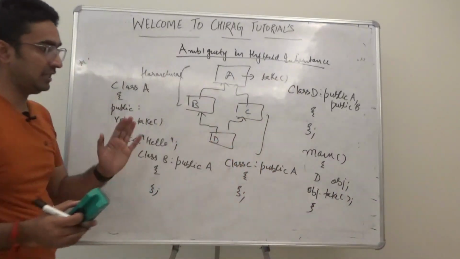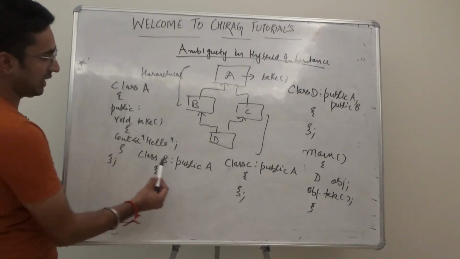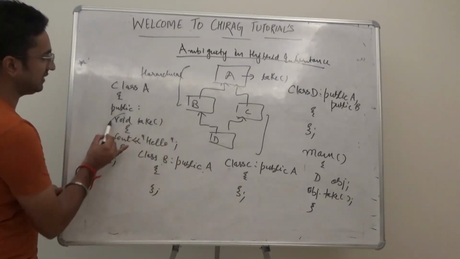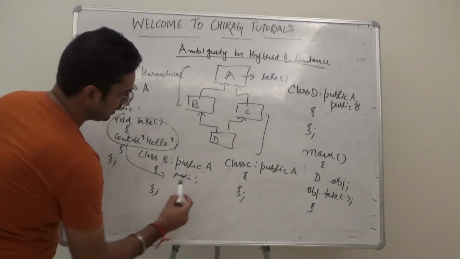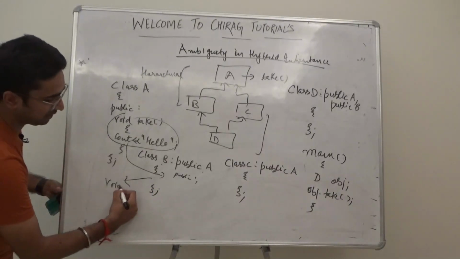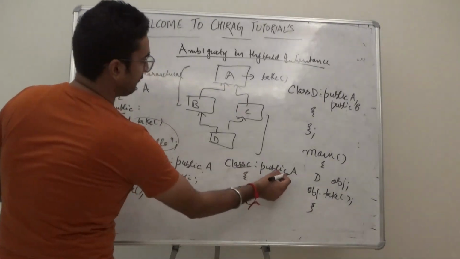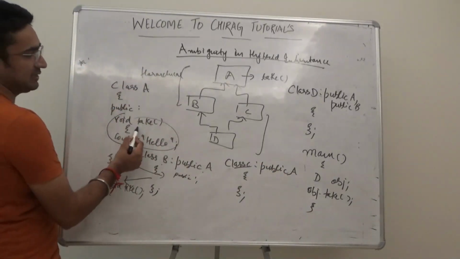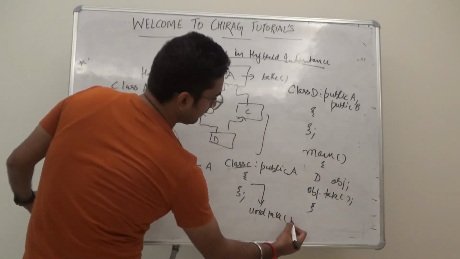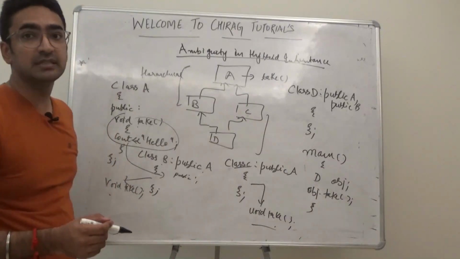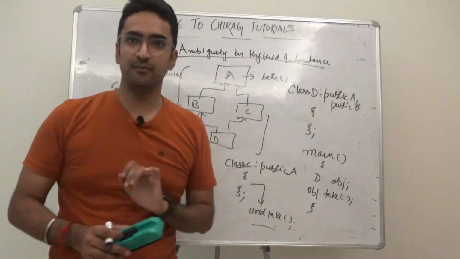If you see clearly, I'm writing class B public A. It means the public section of A will go into the public section of this class by default. It means void take will come over here. Similarly, class C is inheriting publicly from class A, so this take function will also go in this class, void take.